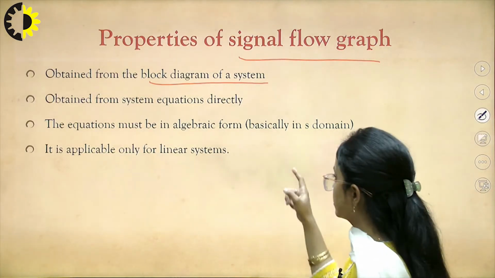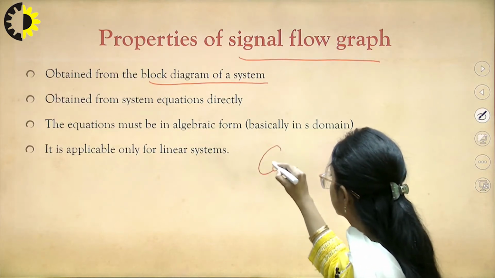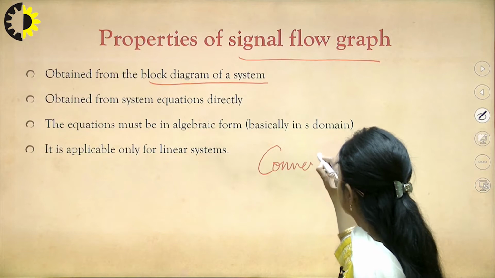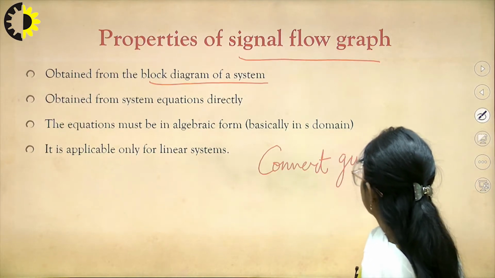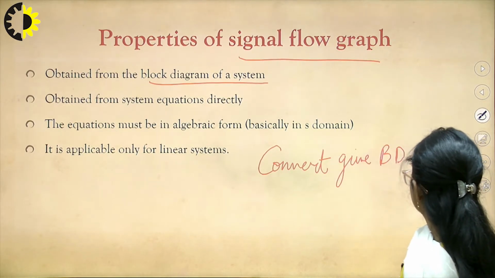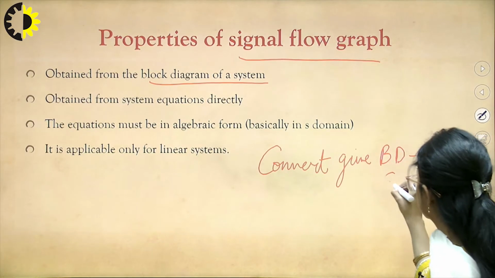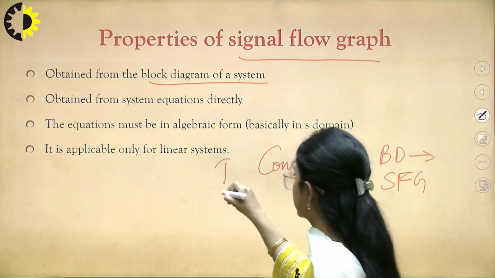So first we can have: convert the given block diagram into its corresponding signal flow graph. So this is the first kind of question we can have.